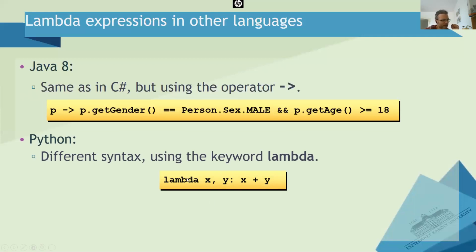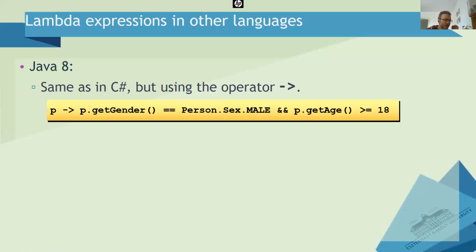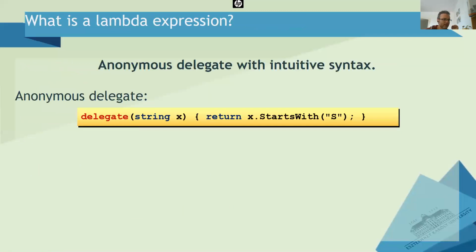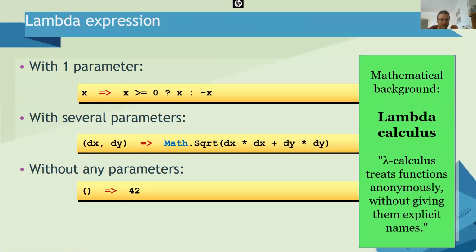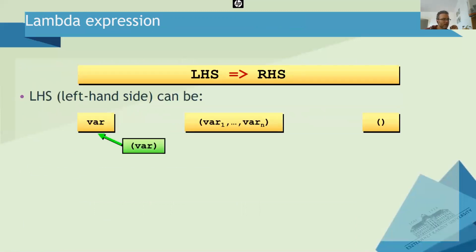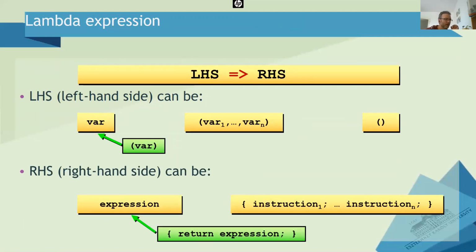by using another syntax. In Python, you have to use the lambda keyword in front. Then you can enumerate all the parameters. Then you must use a colon, and then the expression follows. Actually, this syntax is really similar to the syntax that is used in mathematics, in lambda calculus. If you are interested, just look up what syntax lambda calculus uses.